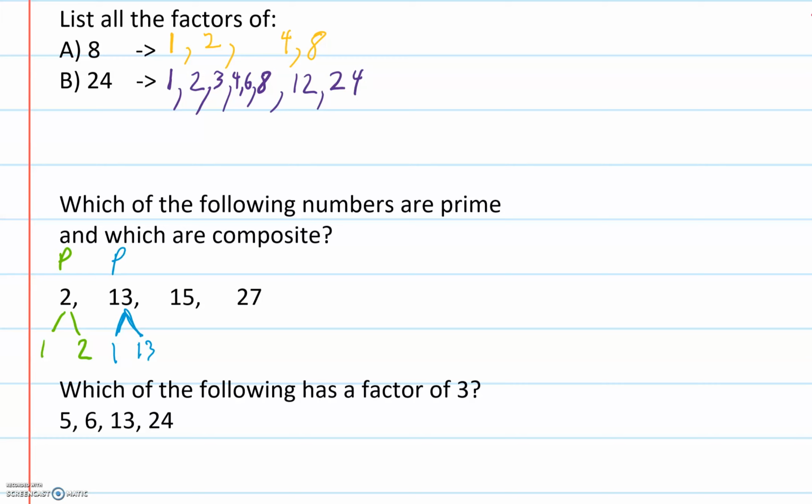Must be prime. This one, oh, this one can do more. 1, it can do 3, it can do 5, and it can do 15. So this is composite. And this one here can do 1 and 27. And it can do 3 and 9. So this is also a composite.